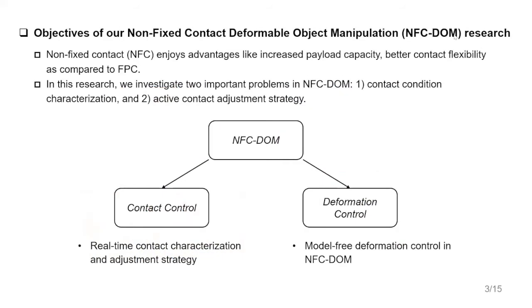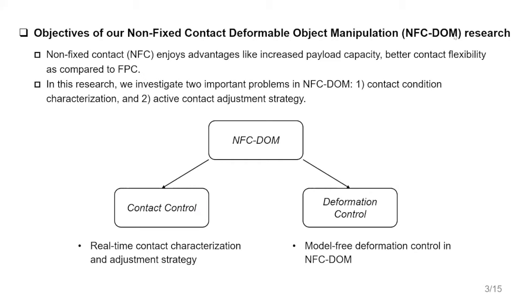Compared with fixed point contact, non-fixed contact enjoys significant advantages like increased payload capacity and better contact flexibility. However, we need to add extra core parts in order to make use of non-fixed contact in manipulation tasks. There are 2 key problems. The first one is the contact condition calculation, so that we know the real-time contact status.